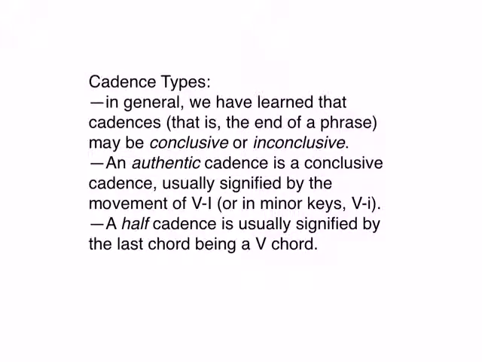The inconclusive cadence, in contrast to the authentic that's conclusive, is called a half cadence, and it's usually signified by the last chord being a dominant chord.